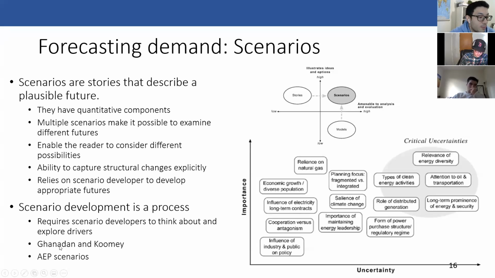Yeah, and so there's this paper by Ganadin and Kumi, which I think is a really nice demonstration of this. I'll link this as reading on Canvas if anyone's interested.